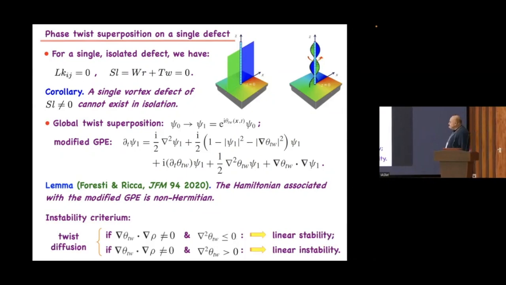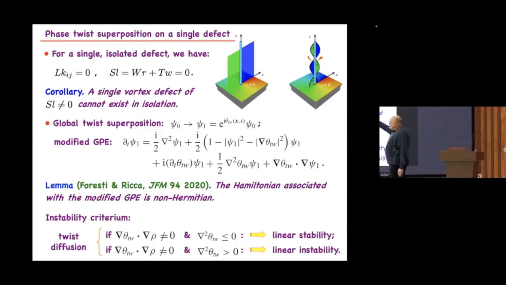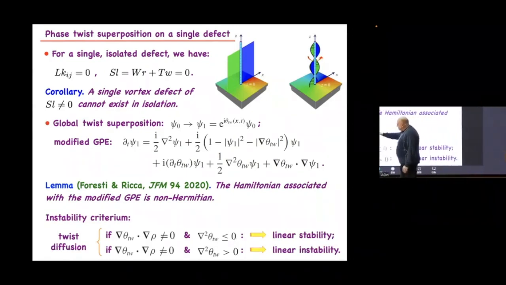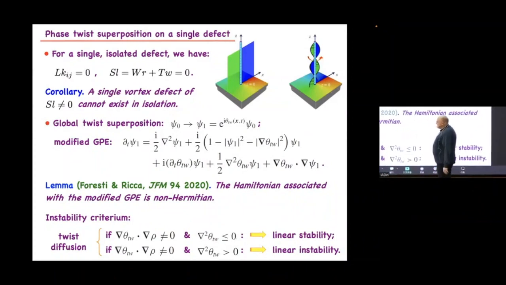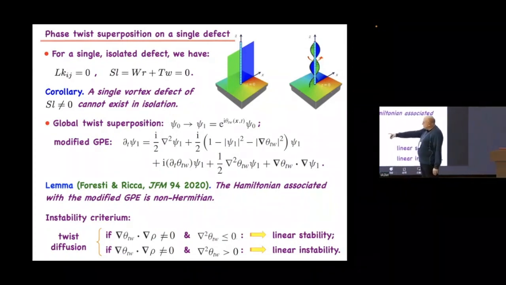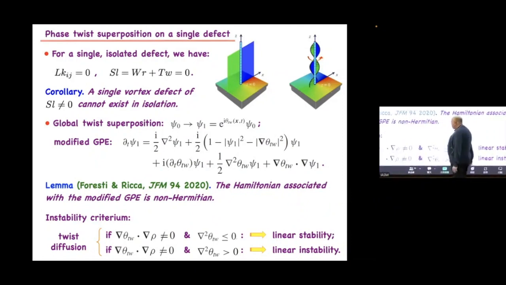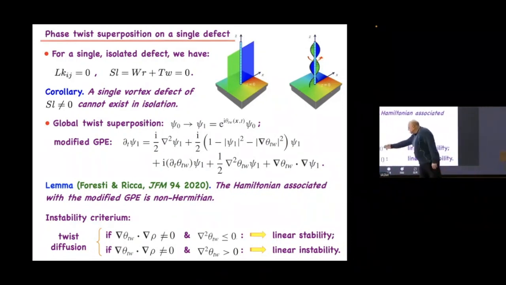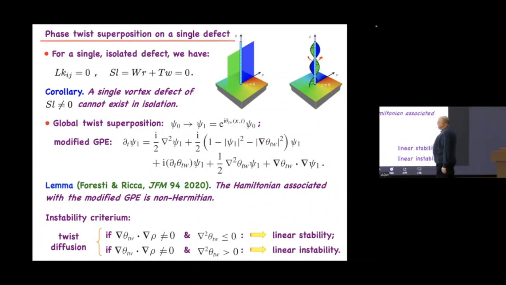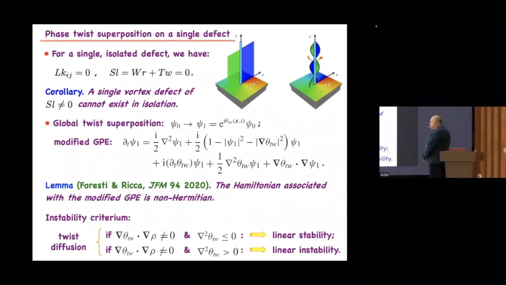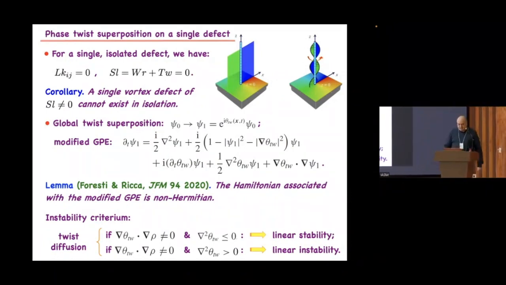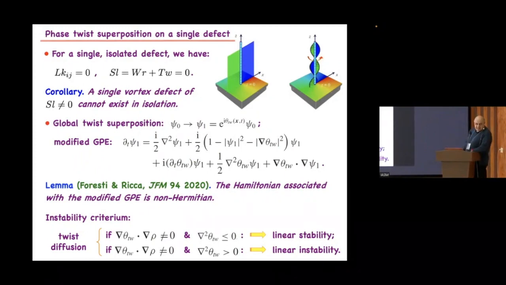So you can derive an instability criterion. I cut a long story short, and I just give you this information. If twist diffusion is present and is represented by this factor, then you have either the Laplacian of the twist phase less than 0, linear stability, or a diffusion that provokes an instability.